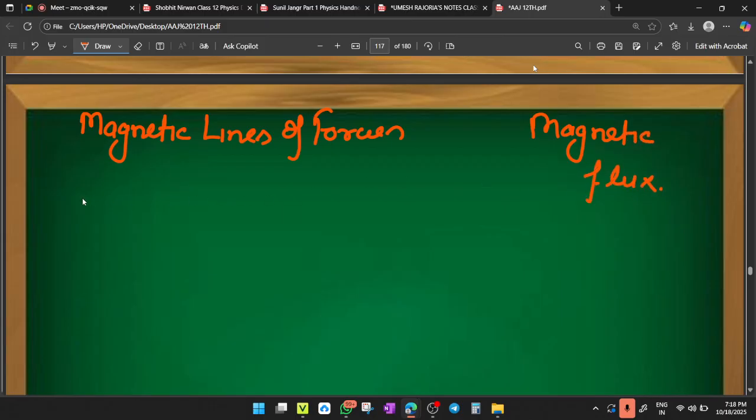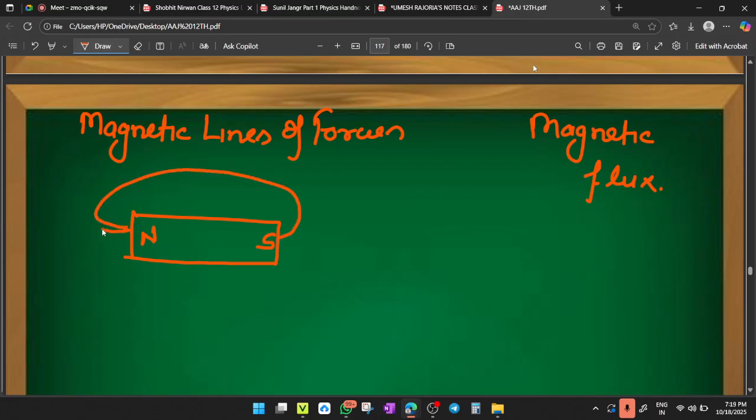Magnetic lines of forces are the closed imaginary smooth curves upon which a unit north pole can move freely. Right, beta? Unit north pole can move freely. Yes, these are called magnetic lines of forces.